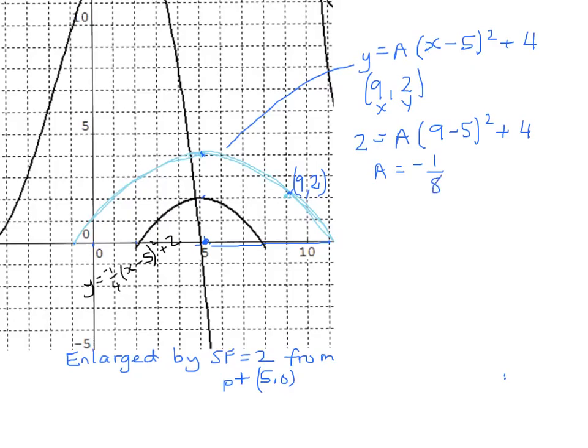So I can see from my original graph, which is down here at the bottom in black, the equation for that black parabola, my coefficient was negative 1/4.